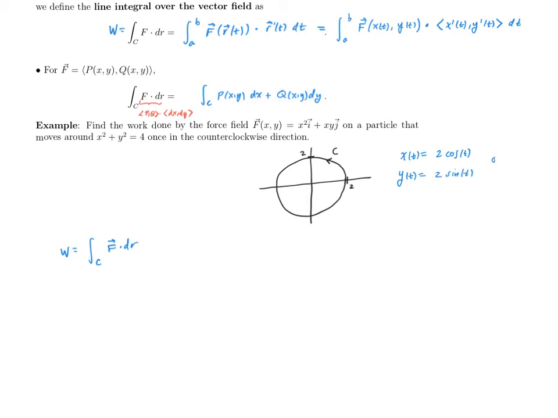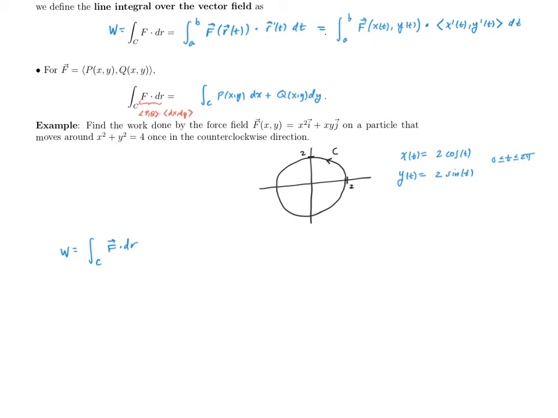And as that parameter value varies from 0 to 2 pi, you go precisely one time around in the counterclockwise direction. And note, if you would like to go in the clockwise direction, you can simply include a minus sign with the y of t.